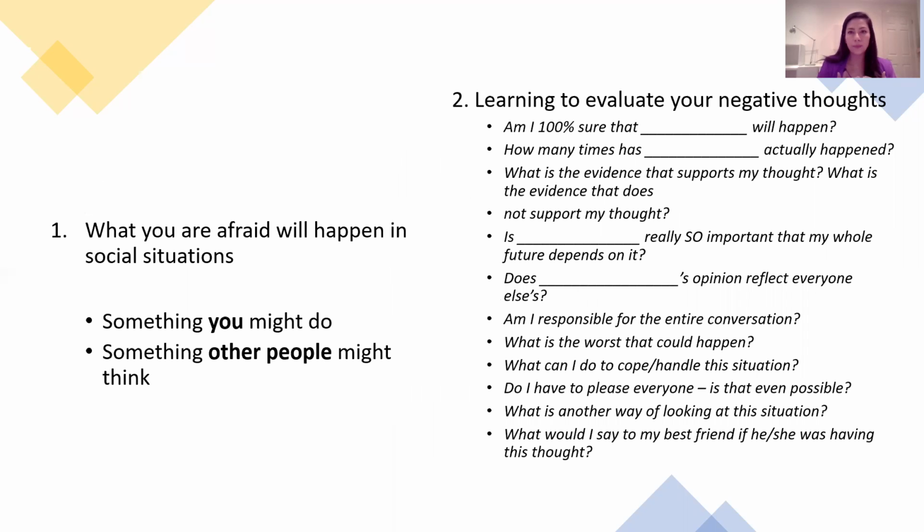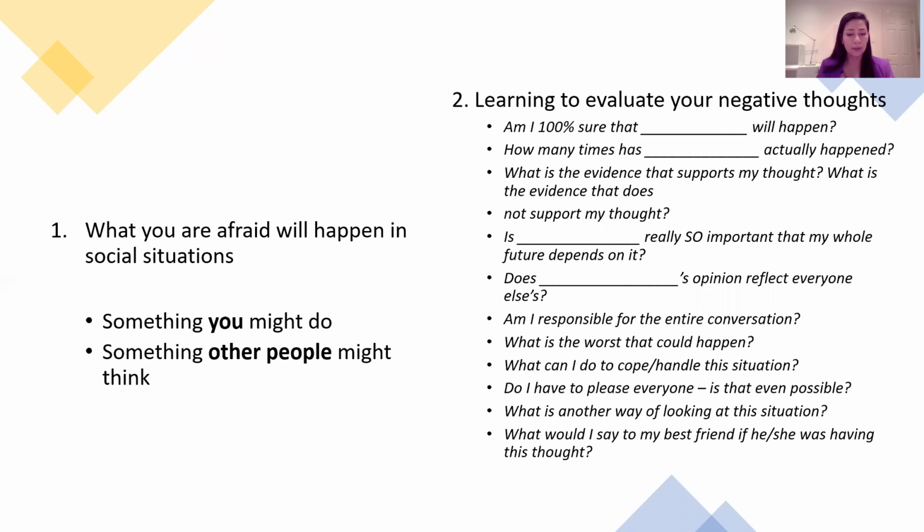Then try to challenge some of these thoughts. Are you more afraid of something that you might do, for example, I'll embarrass myself by saying something stupid, or I will have nothing to say? Or are you more afraid of something that other people might think of you?